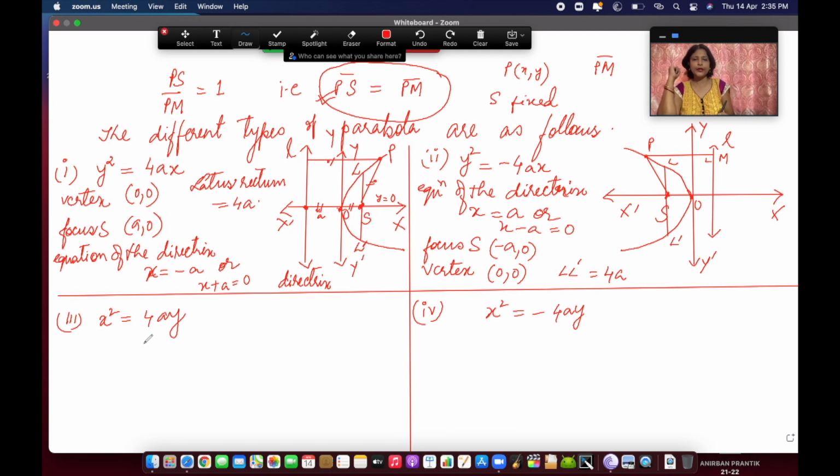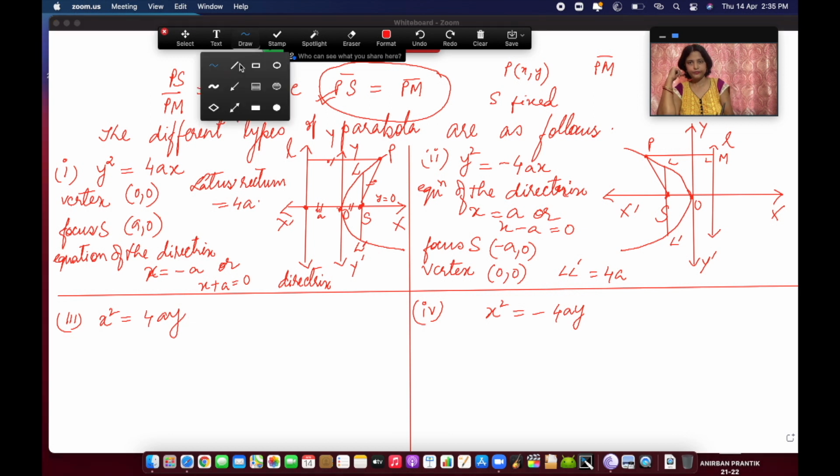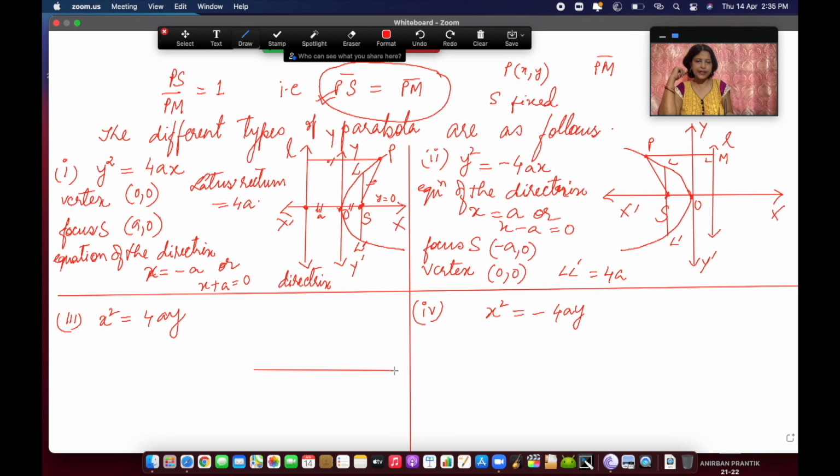Now the third point, x square equals 4ay. Let me again draw the x-axis and the y-axis mutually perpendicular to one another.